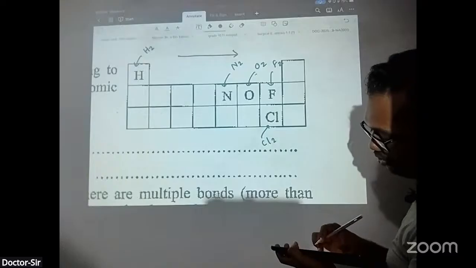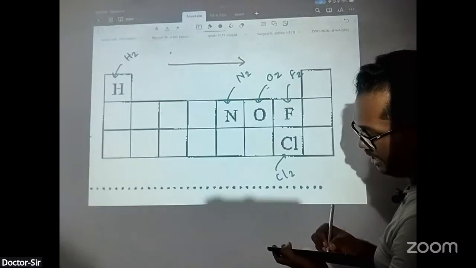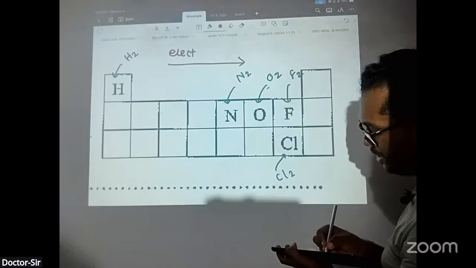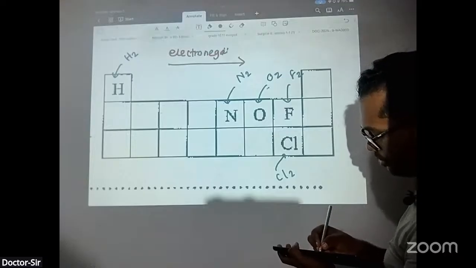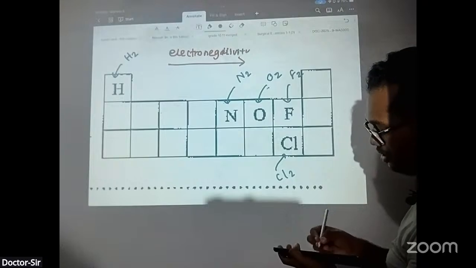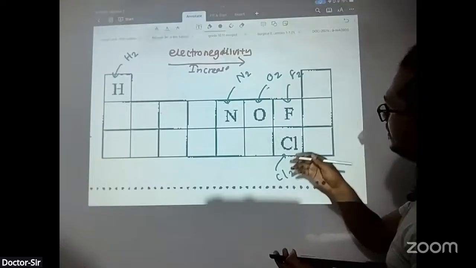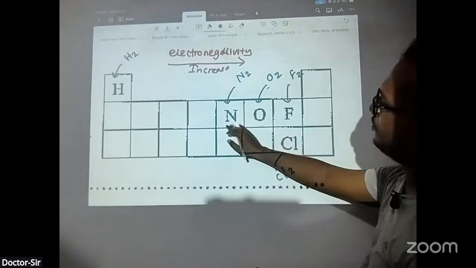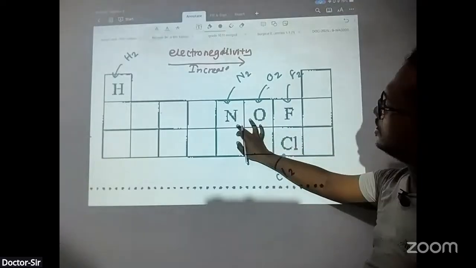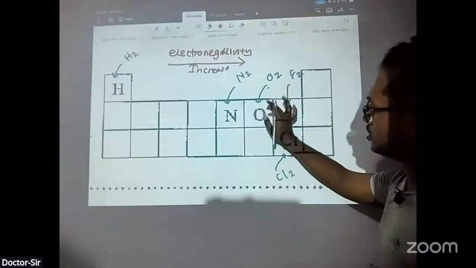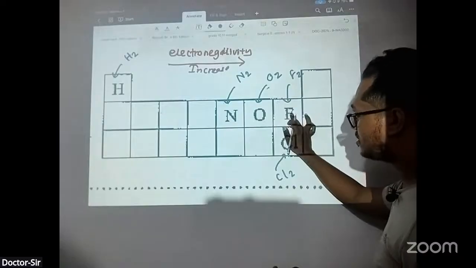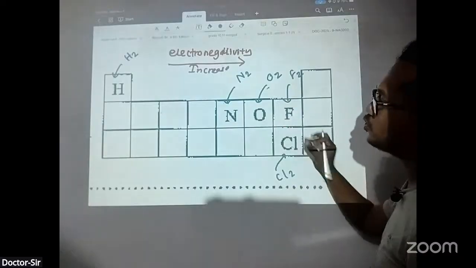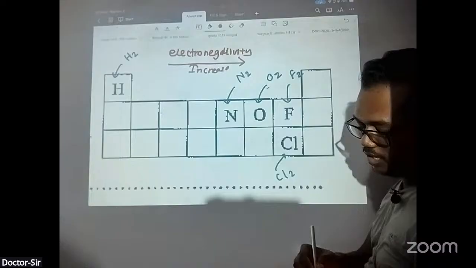We know the theory concept: electronegativity increases along the period from left to right. So compared to nitrogen, oxygen has a higher value, and compared to oxygen, fluorine has the highest electronegativity. So we should know the values as well.